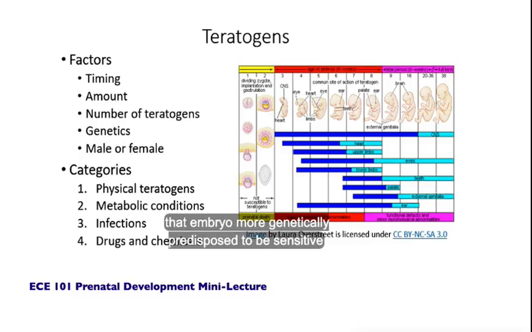Is that embryo more genetically predisposed to be sensitive to that teratogen or to be more resilient against it? And there is whether they are male or female. We see more impacts of certain disorders and birth defects on males, and we think that has to do with the fact they have less genetic material than a female embryo does.